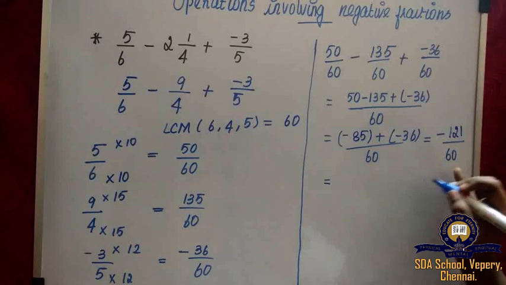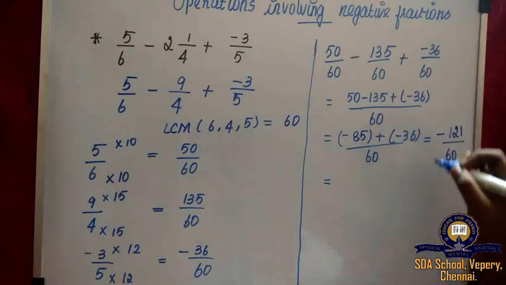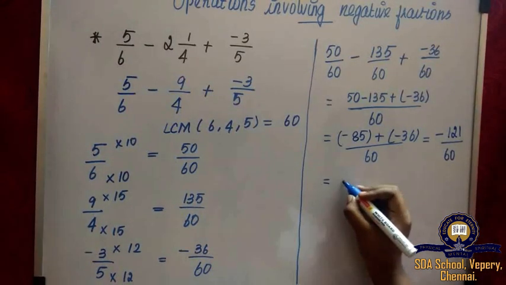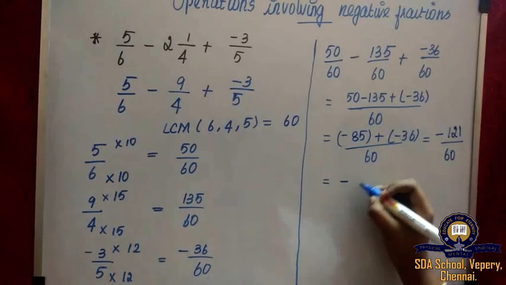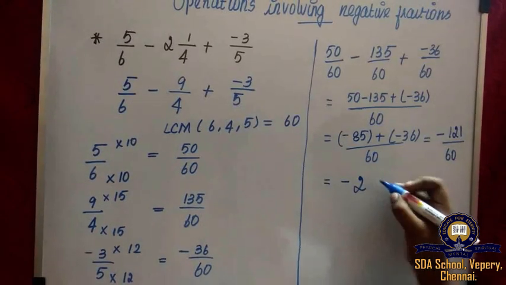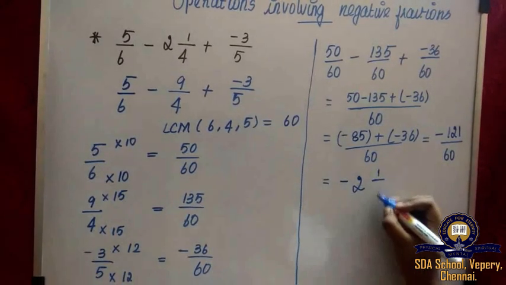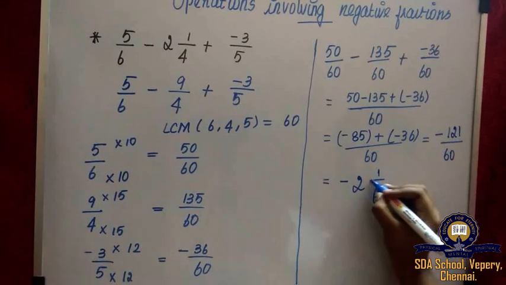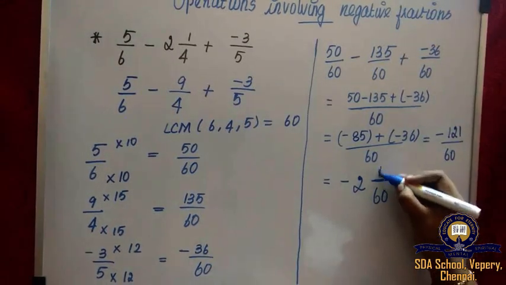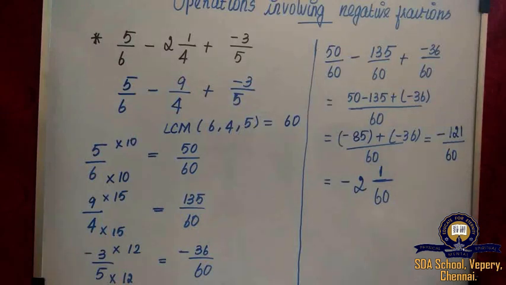So when you divide 121 by 60, you will get the following mixed fraction: 2 1 by 60. So you need to keep the minus sign as such. So it is minus 2 1 by 60.